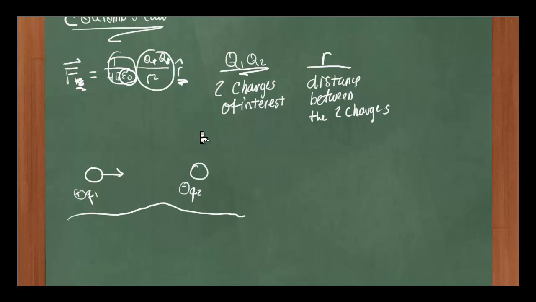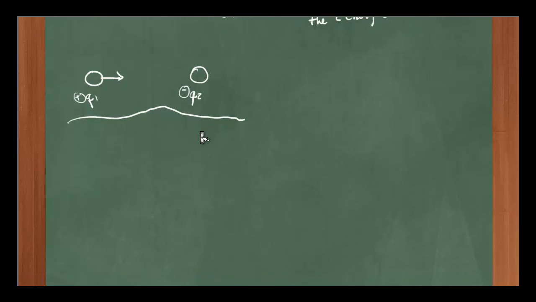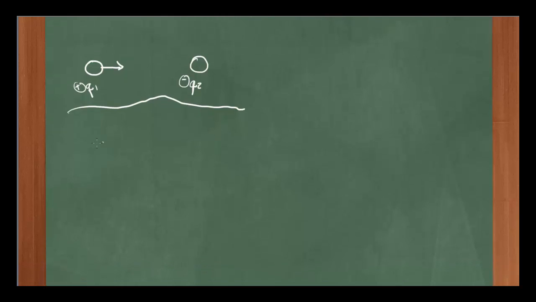So let me redraw what I have. So if I have the same situation, two charges, Q1, and it's a positive charge, and I have Q2, and it's a negative charge. First, I would establish direction. So if I was interested in the force on charge 1 due to charge 2, I know that this is positive and this is negative, therefore they would attract.